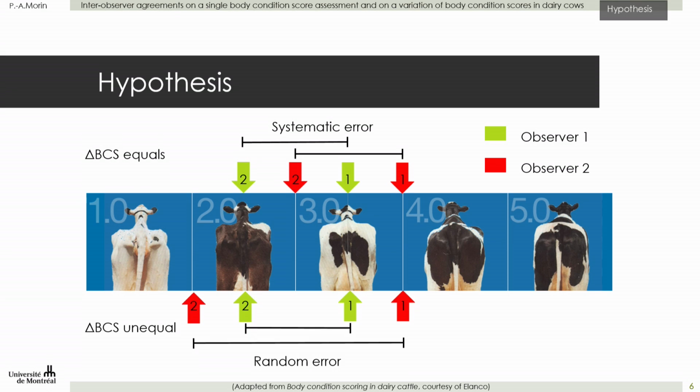But if it's a random error, like if one of the assessors overestimates in the extreme, like if observer 1 said that a cow is fatter or leaner than observer 2, then the disagreement between the variations will be more important.